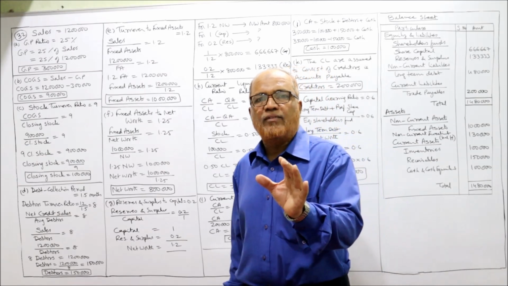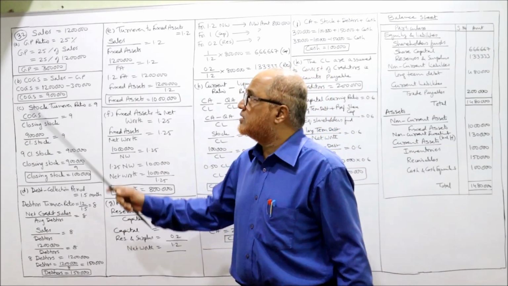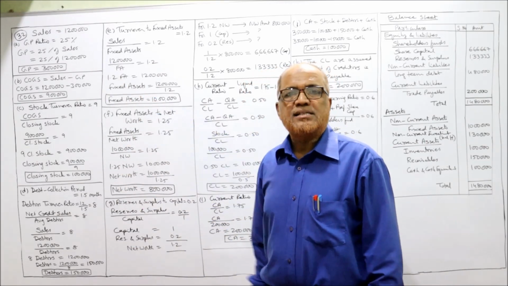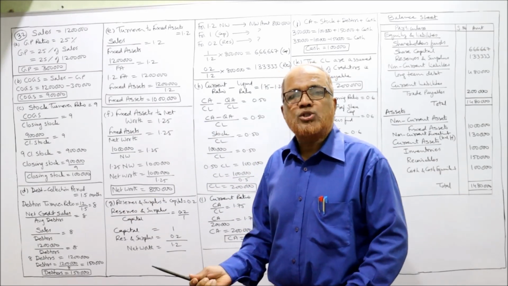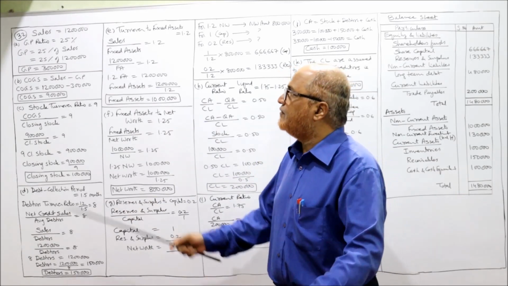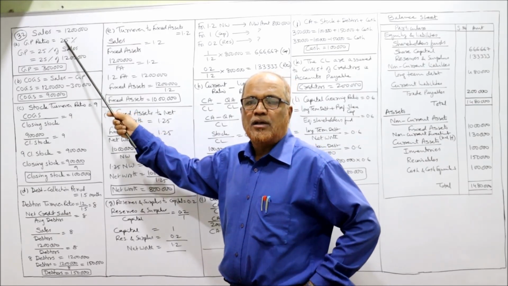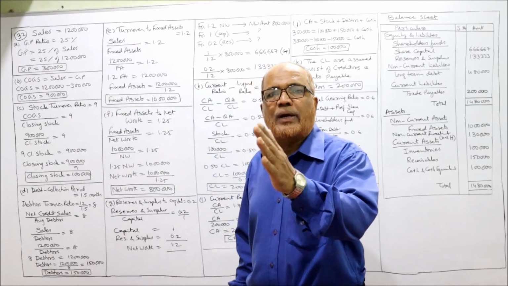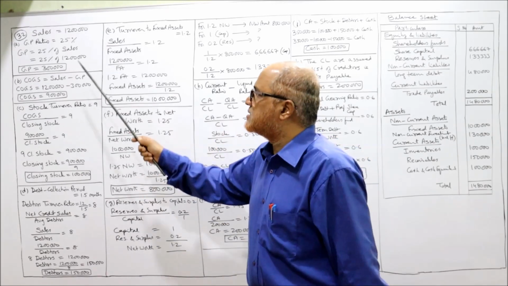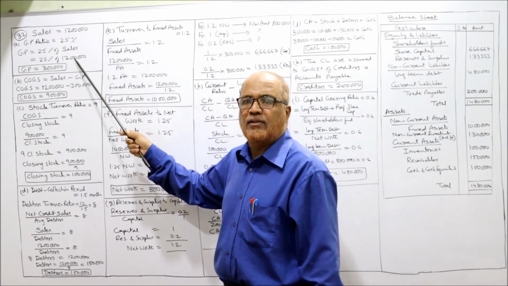First of all, we'll begin with sales, because sales amount is given, 12 lakh. Gross profit ratio is also given, 25%. So GP, gross profit, is 25% of sales. Sales 12 lakh, given in the problem.